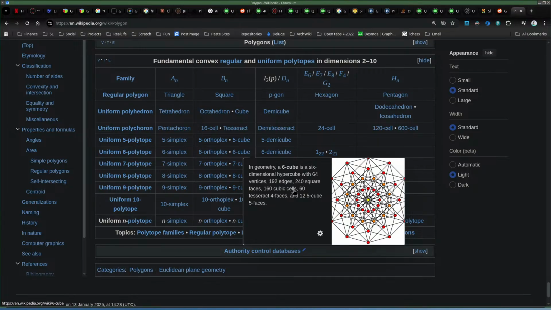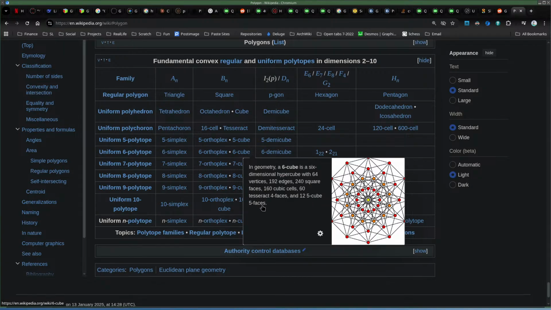The cubic cell is a 3-face, the square is a 2-face, edge is a 1-face, vertex is a 0-face. So we go 0-face, 1-face, 2-face, 3-face, 4-face, and this is a cube, and this is a tesseract, and then you get a 5-face. Oh, they call it, okay, after tesseract comes a 5-cube. Okay, yeah, well, okay, I get it. So they are synonyms then.